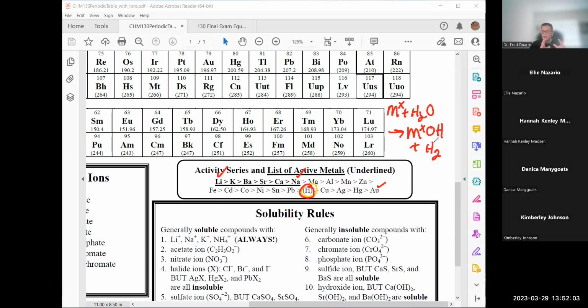But that is only true for lithium through sodium, the very reactive ones. The rest of them, starting from mercury up to lead, require a little bit more vigorous conditions. I'm going to call those MY.